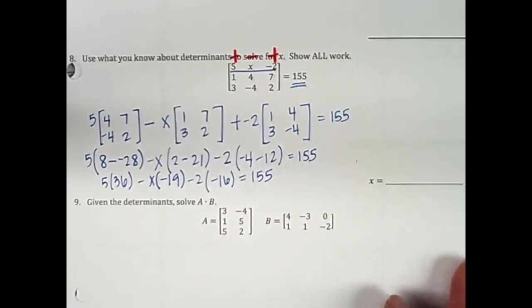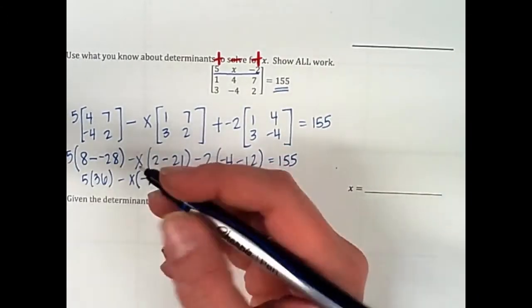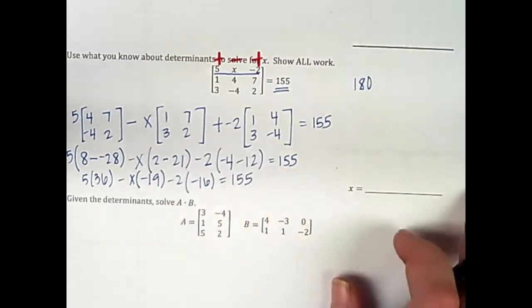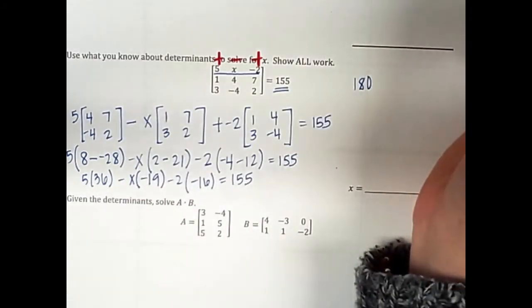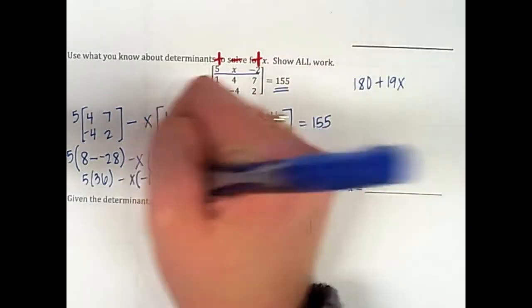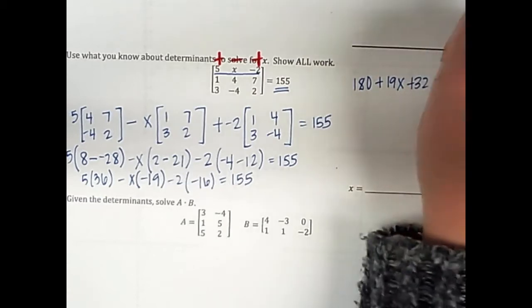And then I'm going to move up here so I have a little bit more room. So 5 times 36 is 180. And then -x times -19 is positive 19x. -2 times -16 gets me positive 32.